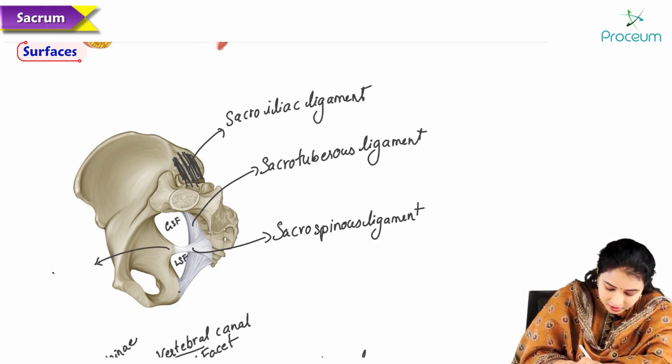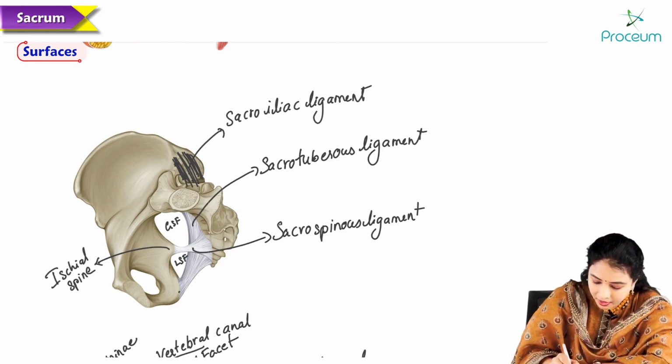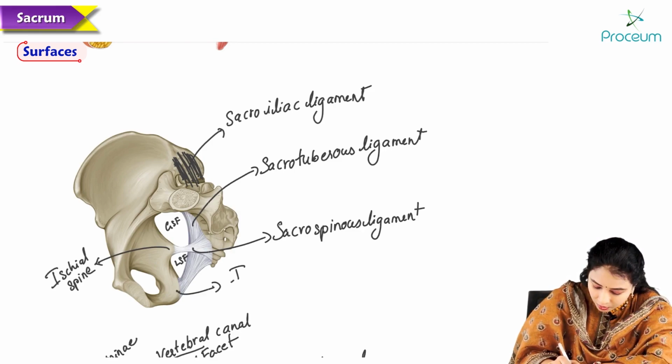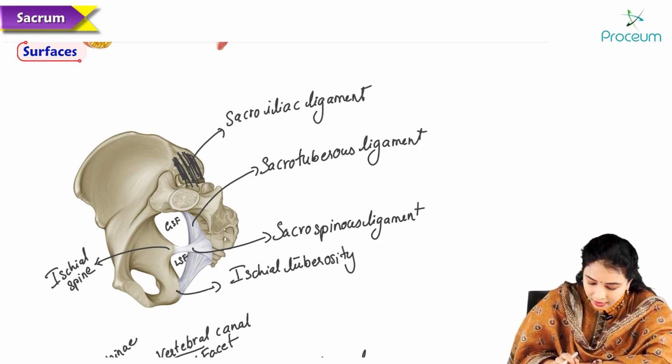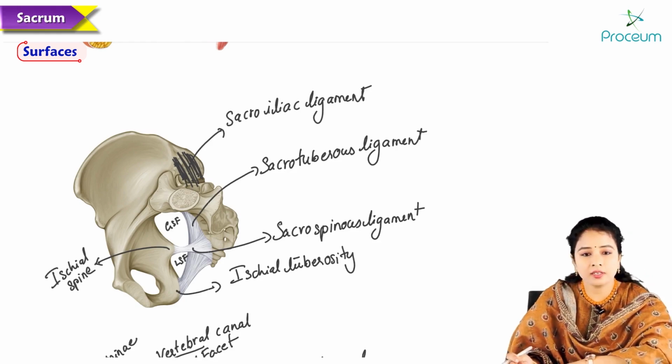This is the ischial spine where it attaches to form the sacrospinous ligament, and this is the ischial tuberosity. The ischial tuberosity provides attachment to the sacrotuberous ligament.